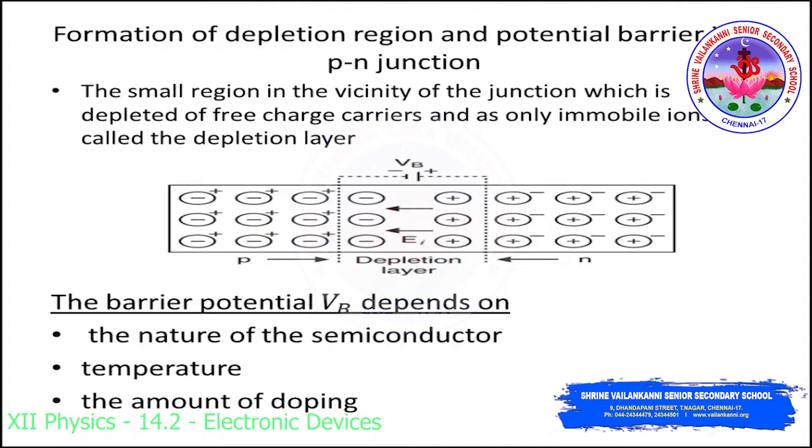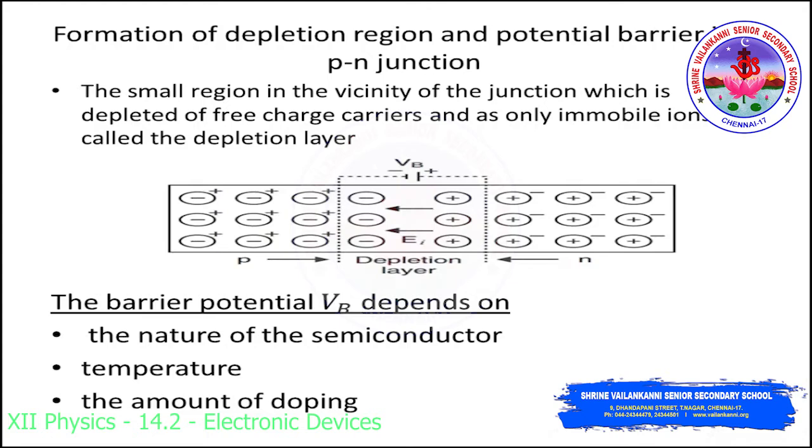The electrons from the n region diffuse into the p region, where they combine with the holes and get neutralized. In the same way, the holes from the p region diffuse into the n region, where they combine with the electrons and get neutralized. This process we call electron-hole recombination.